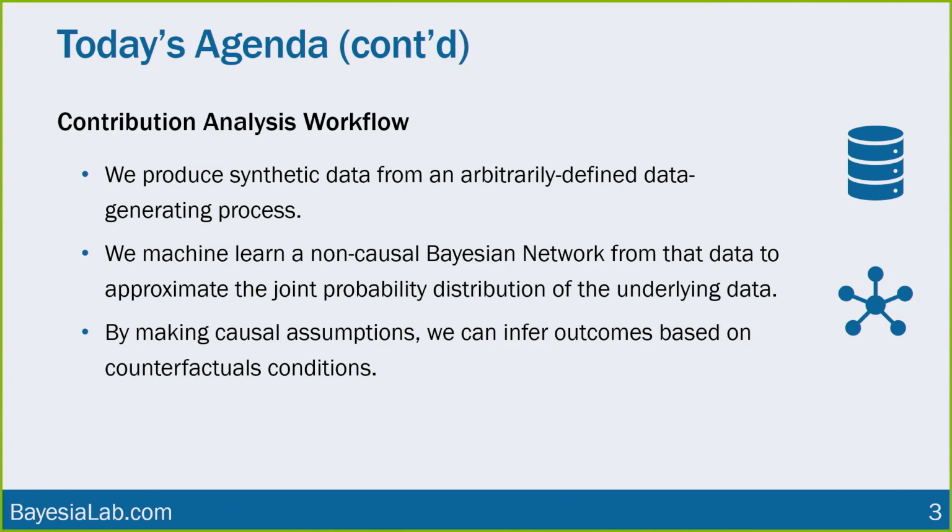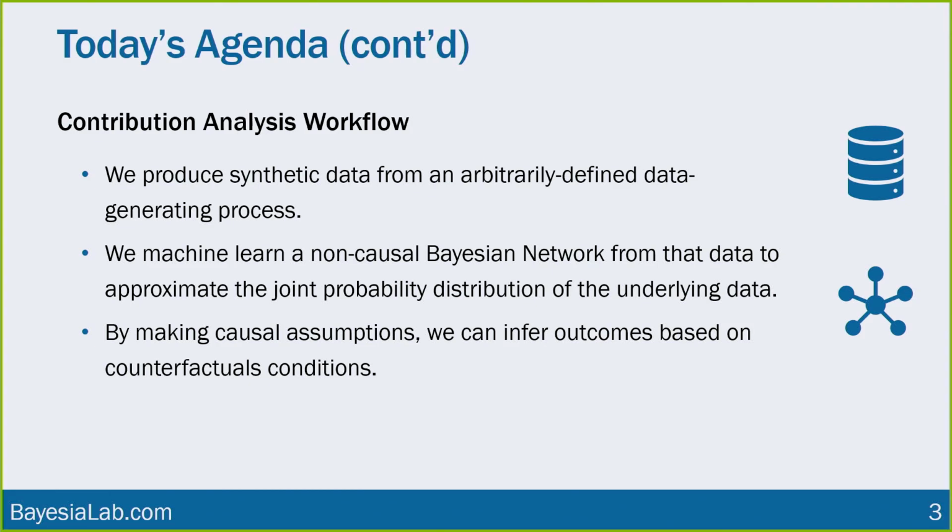So I think this whole process is best illustrated with a practical example. What we're going to do is define an arbitrary data generating process, really just a fictional world of which we know all the elements. And from that, we produce data, which we can then subsequently use to learn a Bayesian network.